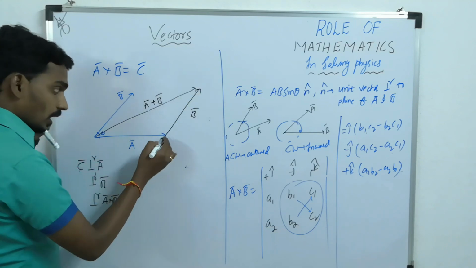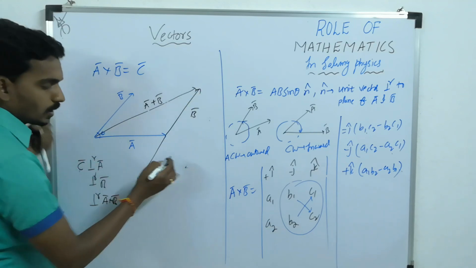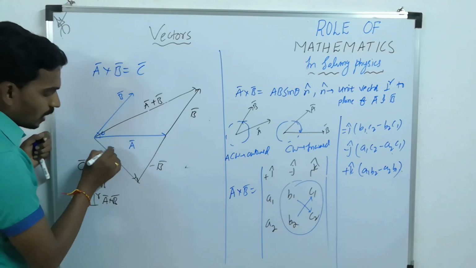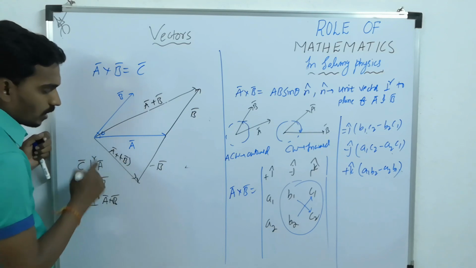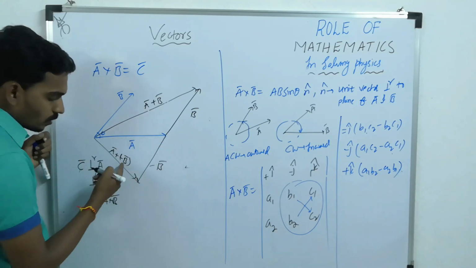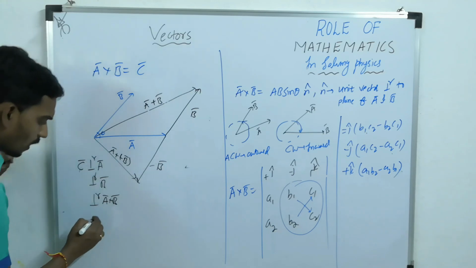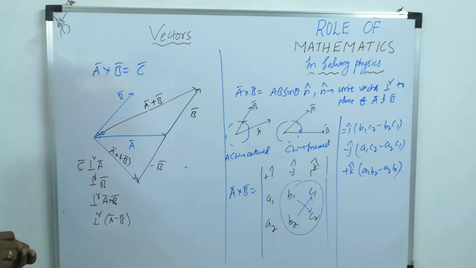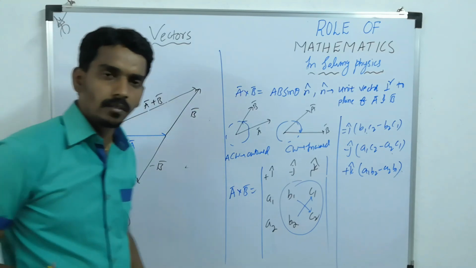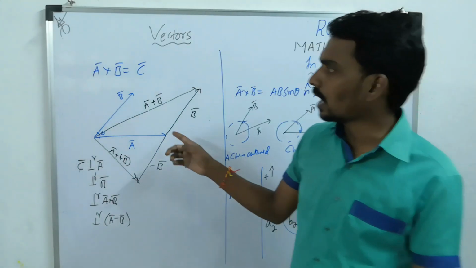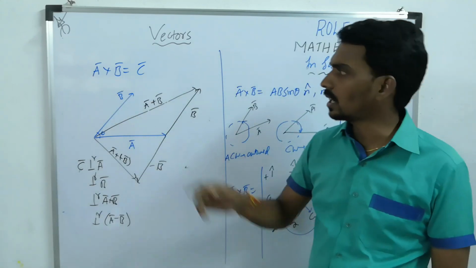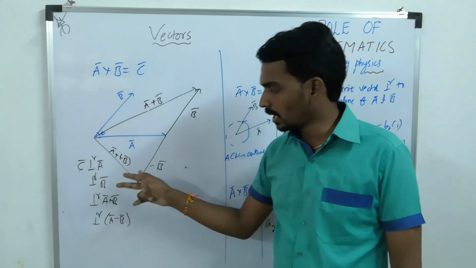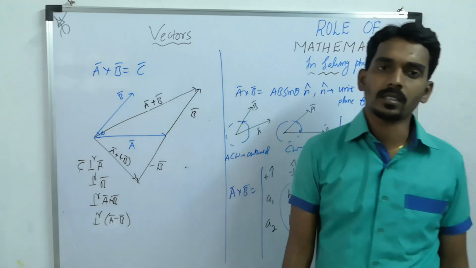Now this is B bar, and this is minus B bar, the equal and opposite vector. Then A bar plus minus B bar becomes A bar minus B bar. So C bar is also perpendicular to A bar minus B bar. So the result of the cross product of two vectors is always perpendicular to both the vectors and to their sum and their subtraction.